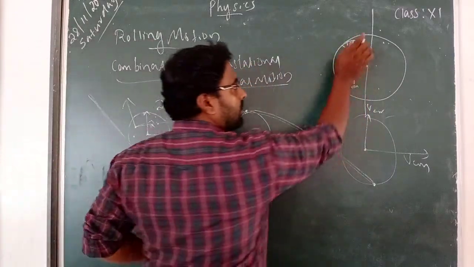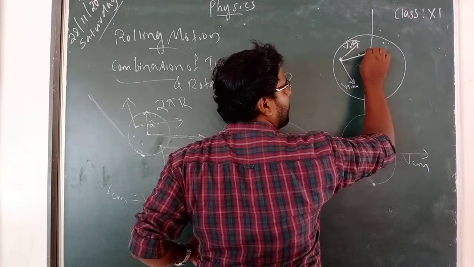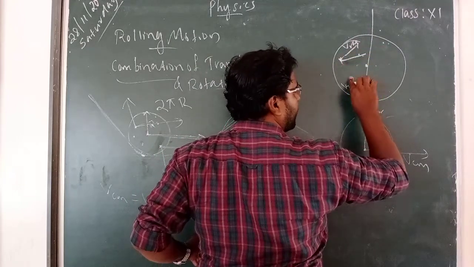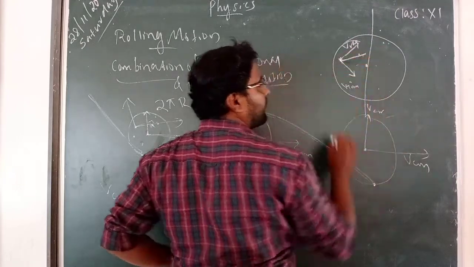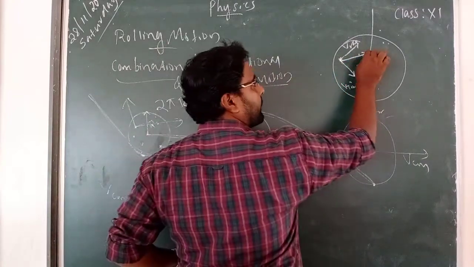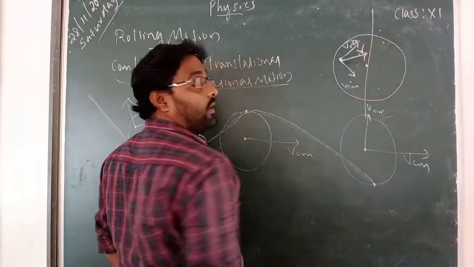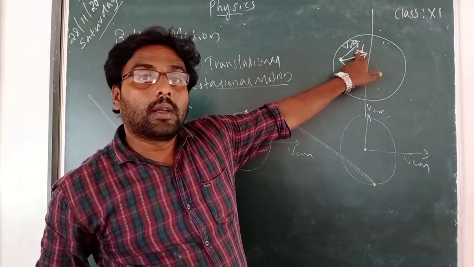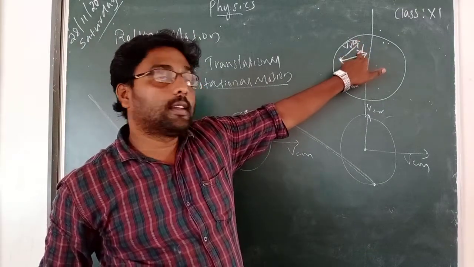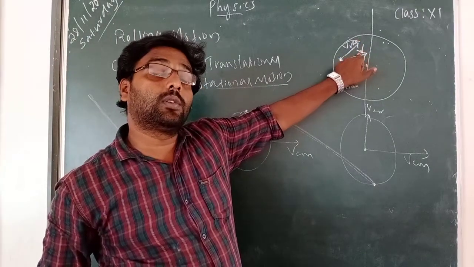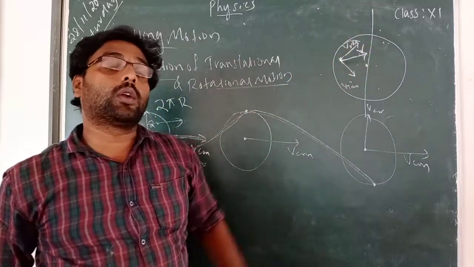It has some resultant velocity. This resultant velocity is always perpendicular to the line from the center of mass to the point of contact.